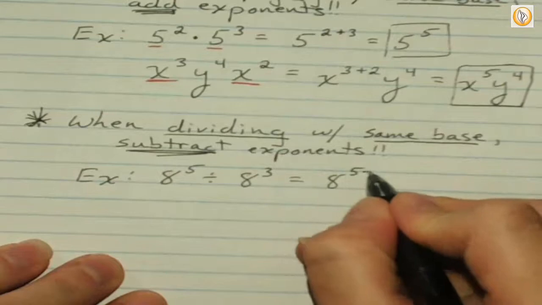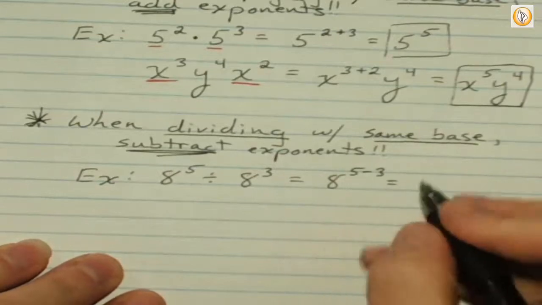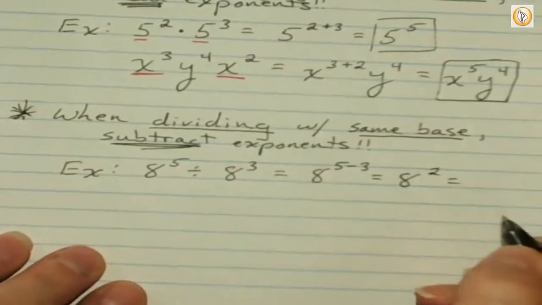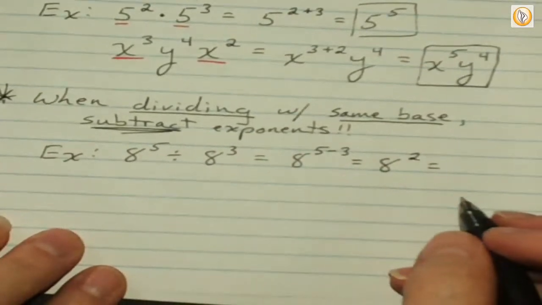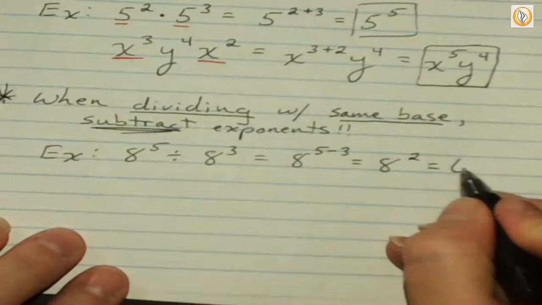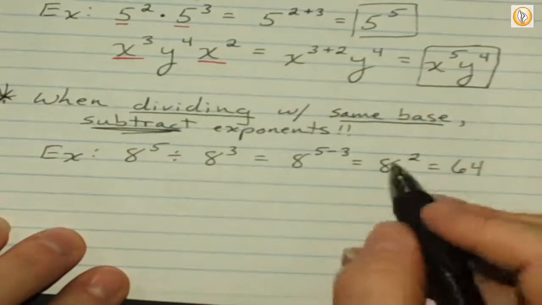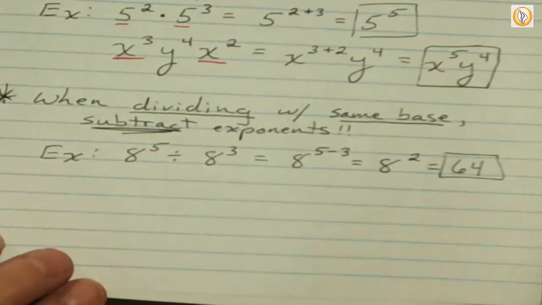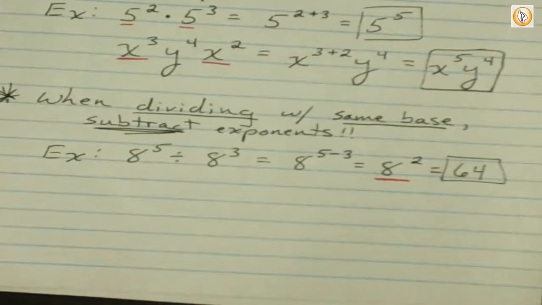So it's 5 minus 3, which gives you 8 squared. And what is 8 squared? Gabby? 8 times 8. Very good.